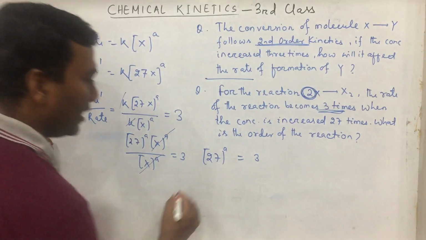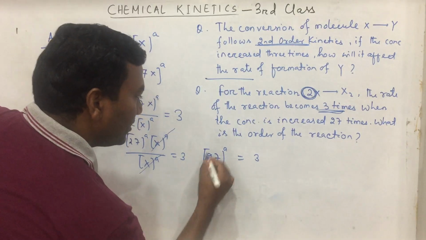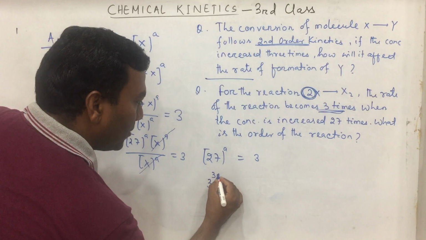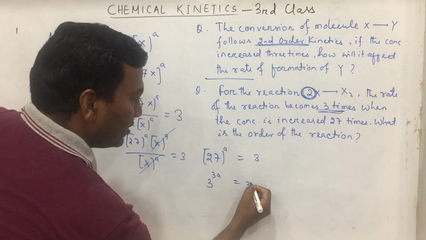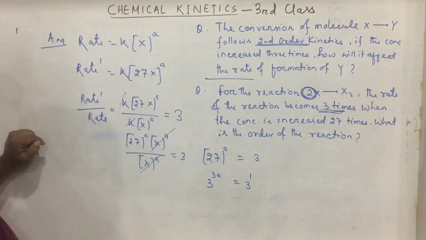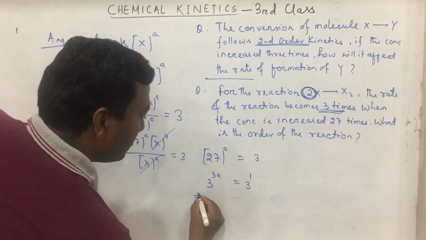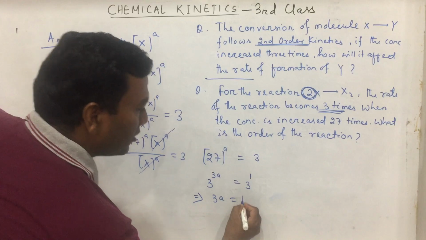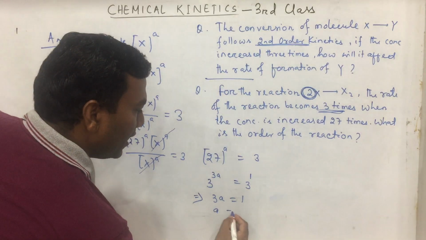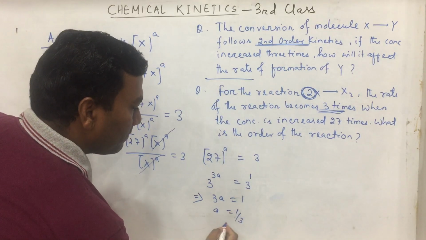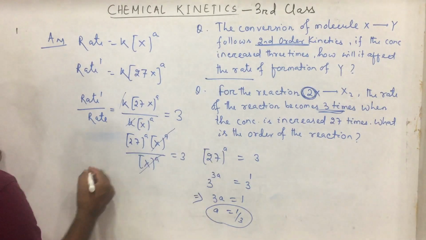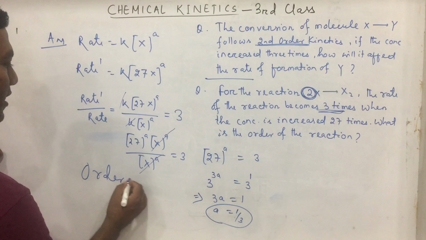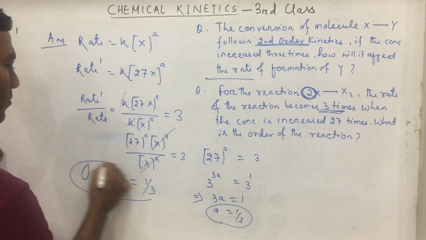So here we can write 3 to the power 3, meaning 3 to the power 3a equals 3 to the power 1. So this implies 3a equals 1, so a equals 1 by 3. Hence the order of the reaction is 1 by 3.